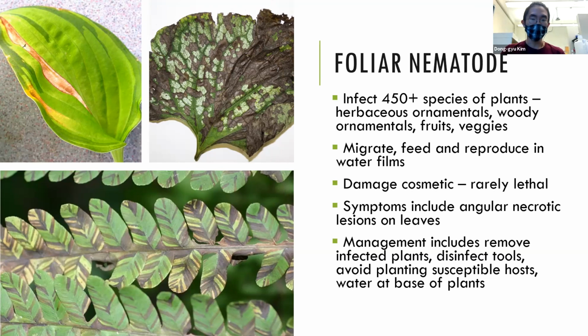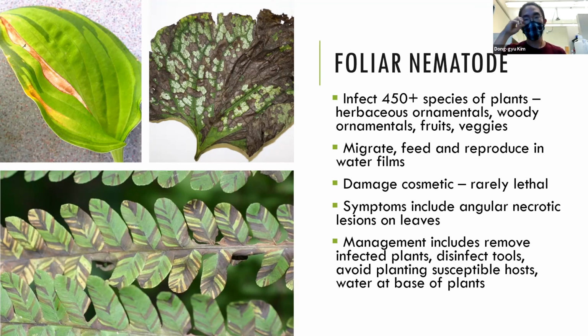But these foliar nematodes, they will start their life in the ground, but they have this amazing ability of climbing the length of the tree or the plant to the leaves through water channels, essentially on the surface of the plant, that it can swim upwards.